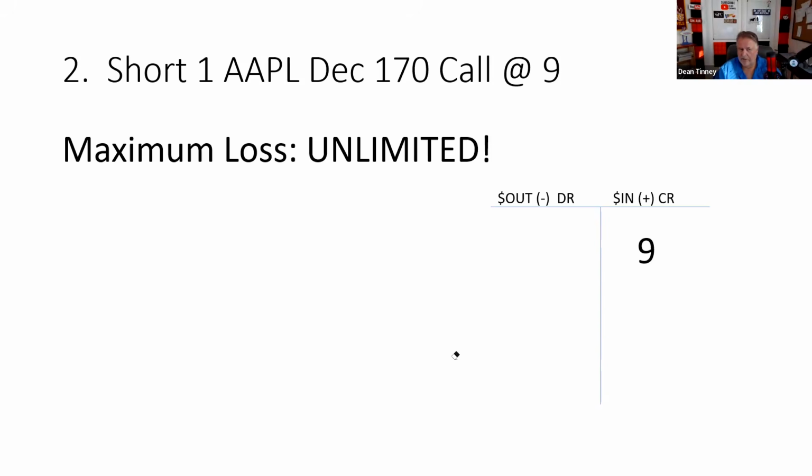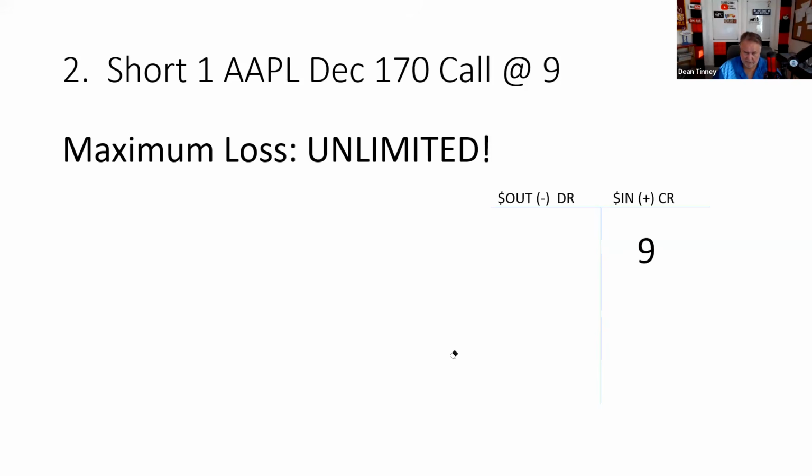Now, another thing we might say, test for phraseology. Your customer goes short one Apple December 170 call at 9 when Apple's 172. At expiration, Apple's 188. If you're going to trade options for me, I'd make you write this 1,000 times. Options are a wasting asset. Time value erodes.